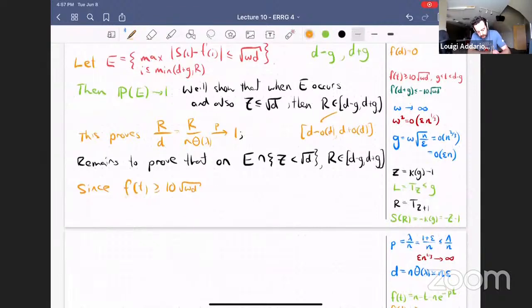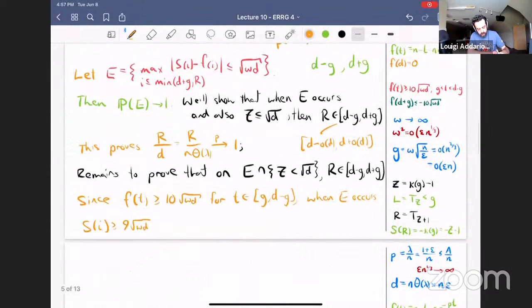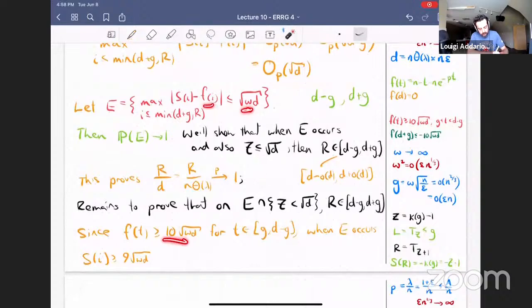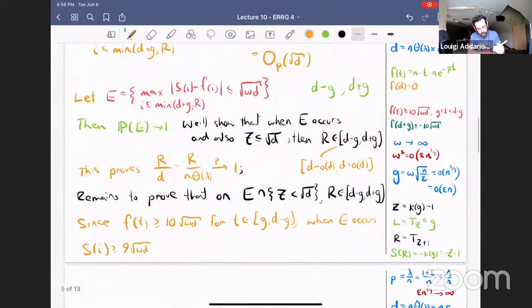So we know that this holds for t between g and d minus g. So that means that when E occurs, we'll have s_i is at least 9 root omega d, right? Because the error is at most root omega d, and f is 10 times bigger than that. So, in particular, s is positive for t in this interval, g to d minus g, right?